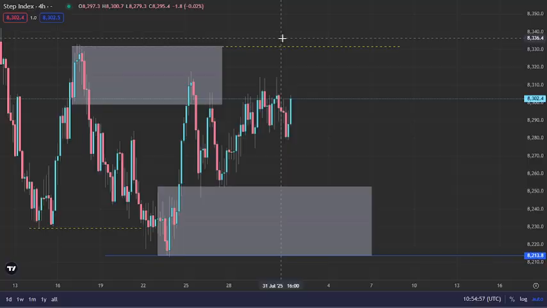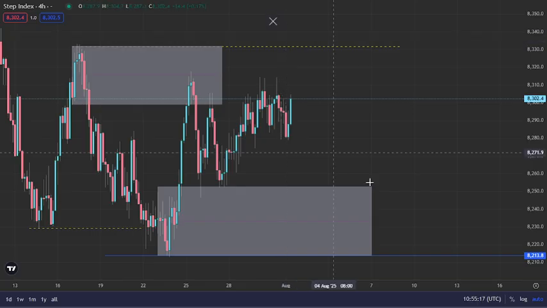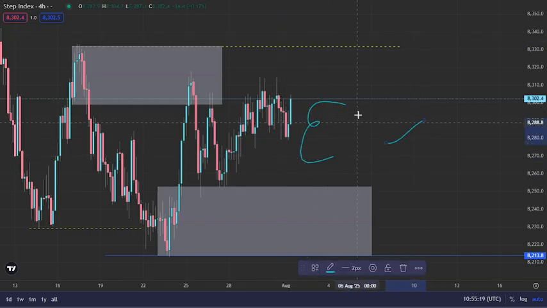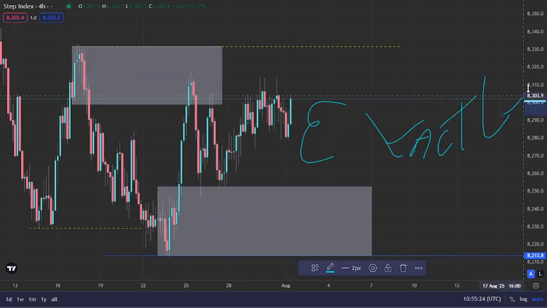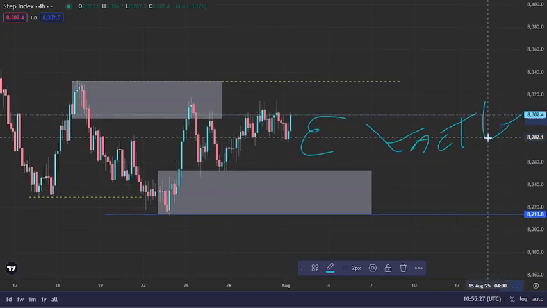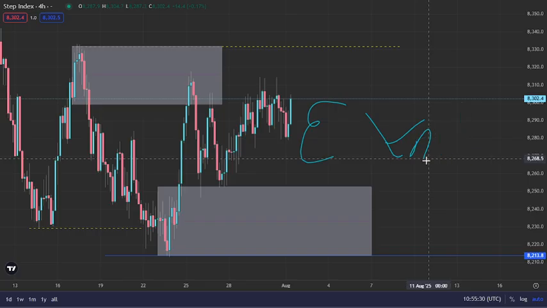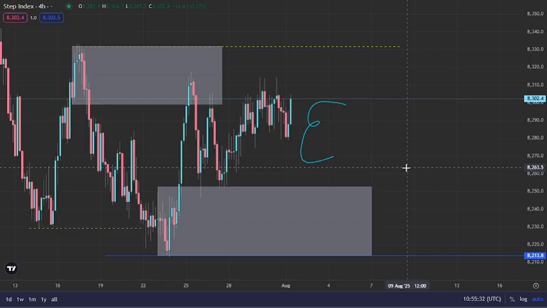Each moment in the market is unique. Each candle, each 4-hour candlestick, is unique. There is no 4-hour candlestick on this price chart that is exactly the same as another.